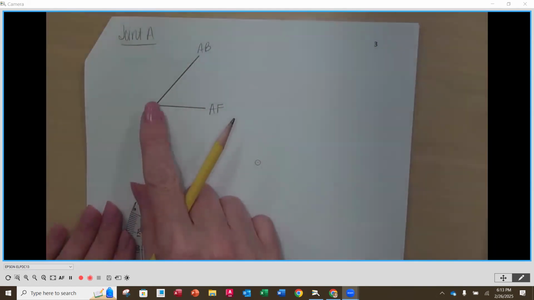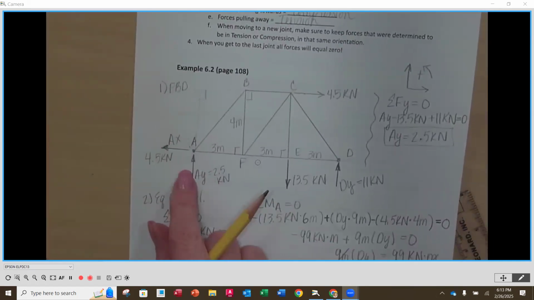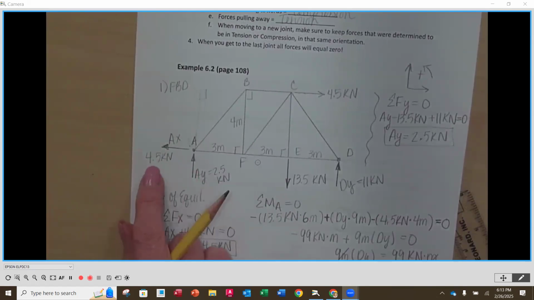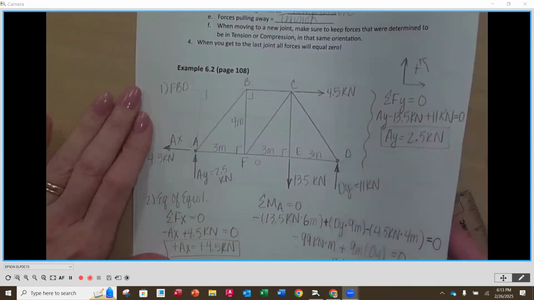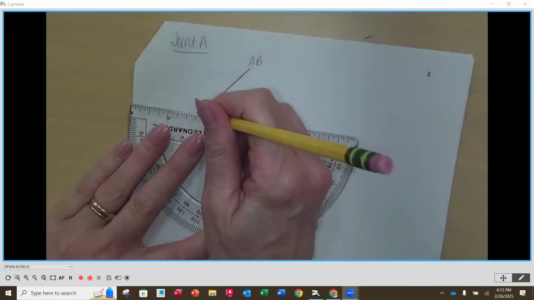Now, the other thing that we have going on at A, we have the reaction forces. We're going to keep the reaction forces in the exact orientation that we have here. So we have 2.5 in the Y going up, 2.5 kilonewtons, and then we have 4.5 going to the left for that AX. So I'm not even going to label them AX or AY anymore.